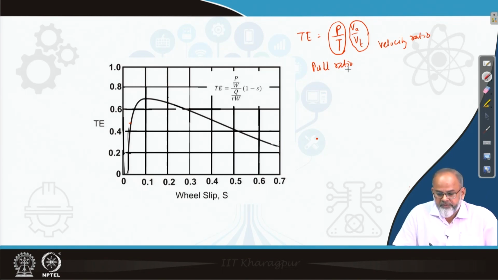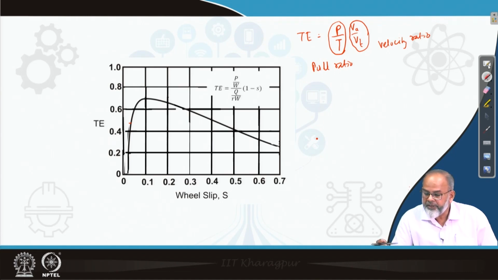Okay. Now, if I try to plot this in a different way, because the effect of pull ratio and velocity ratio, which makes this tractive inefficiency, is not reflected in this figure, we will try to put it in a different way so that these losses can be reflected.